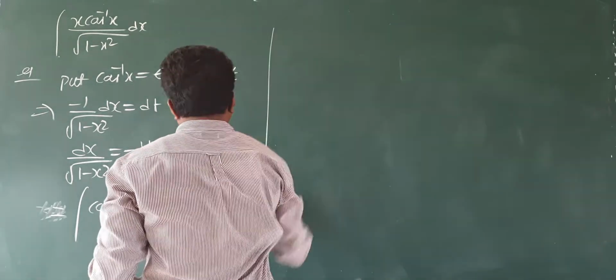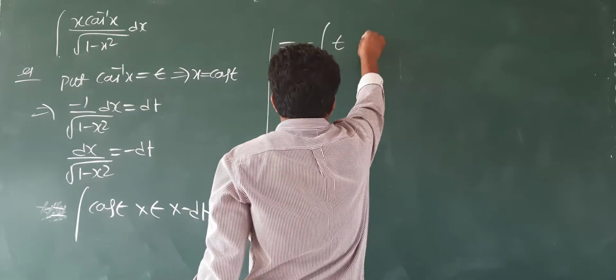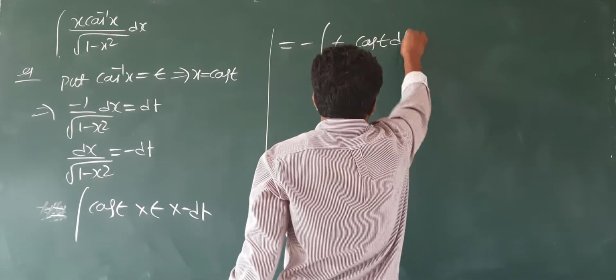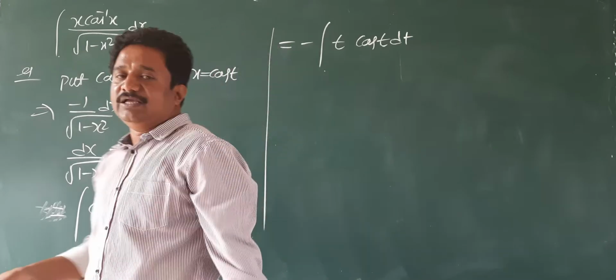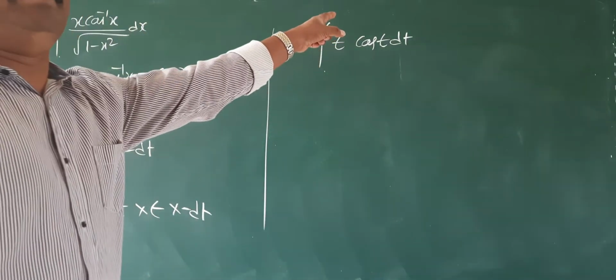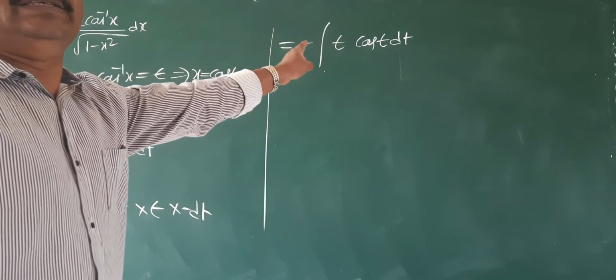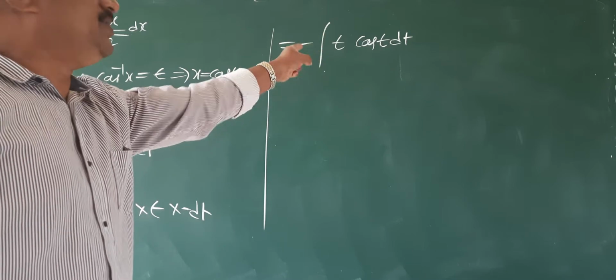Keep that minus outside. So minus integration of t cos t dt. Apply parts to complete that integration. Which is the first function, students? In the place of x we have t.